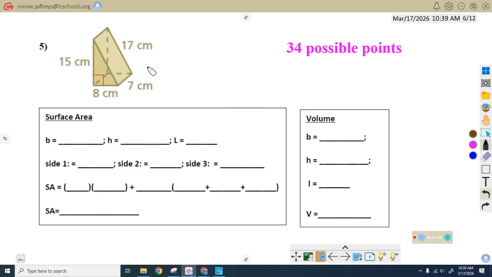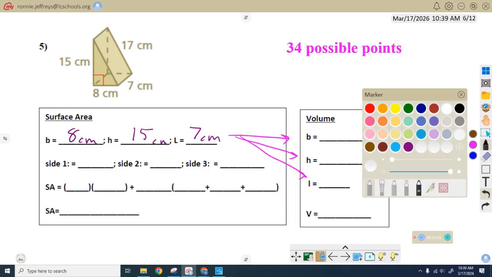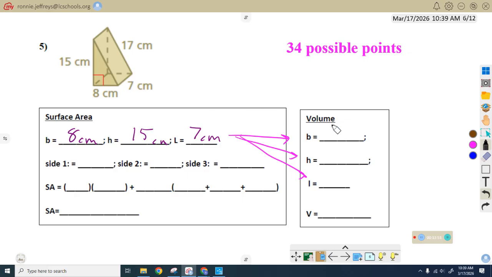Either one. All right, so centimeters, 15 centimeters, 7 centimeters. All right, remember, this line and this, they're all the same. So it would go like this.